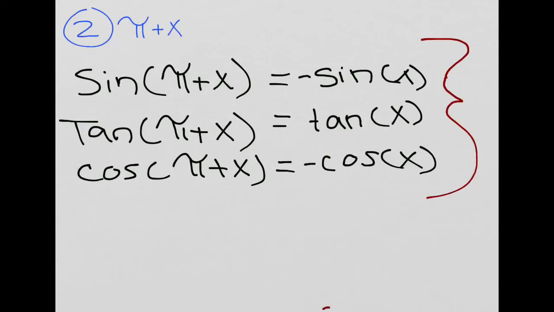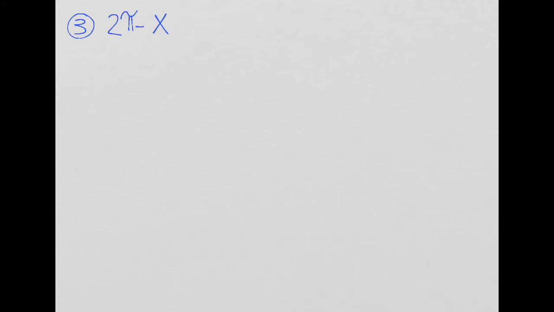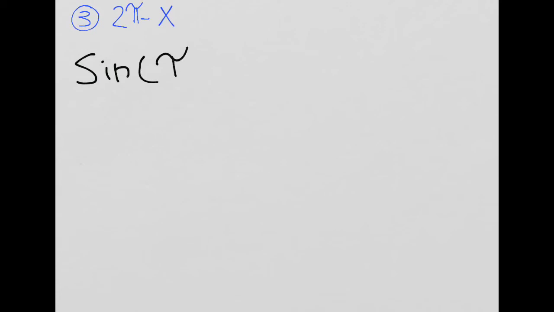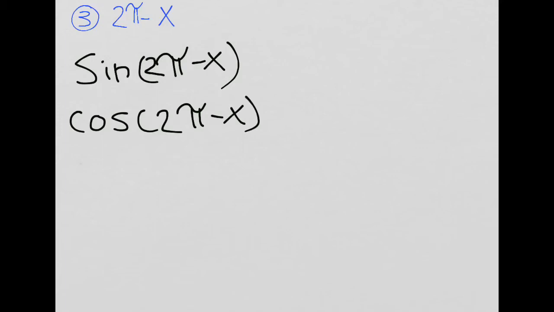Now these are the three identities for pi plus x. Now we're going to move on to the next identity, 2 pi minus x. There are three possible identities for this, like before. You could have sine 2 pi minus x, cos 2 pi minus x, or tan 2 pi minus x.